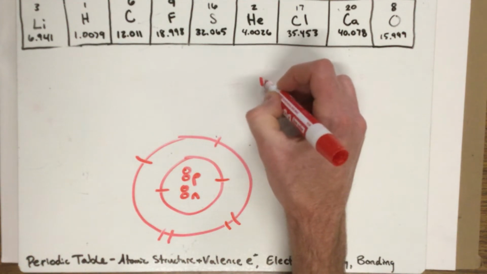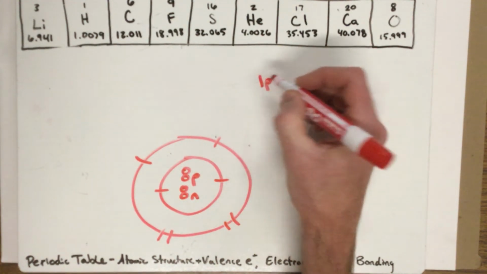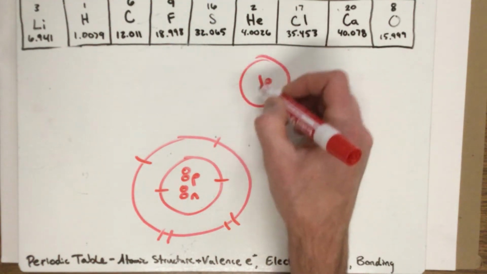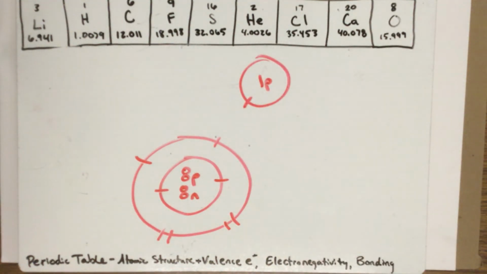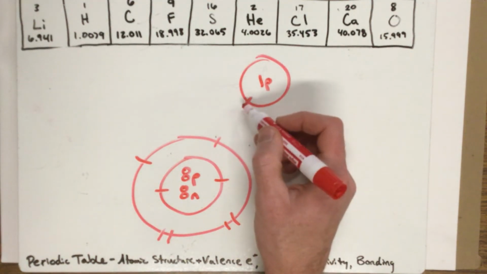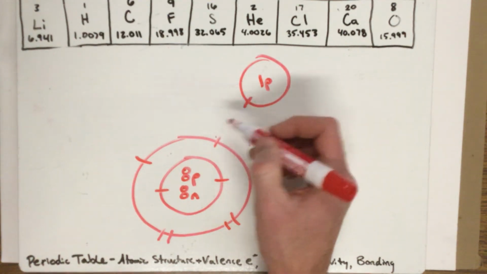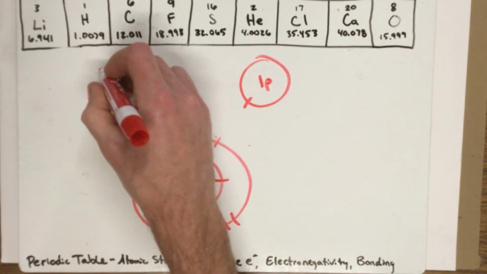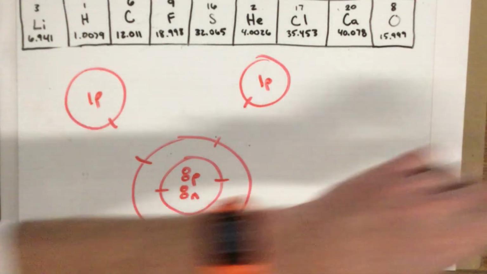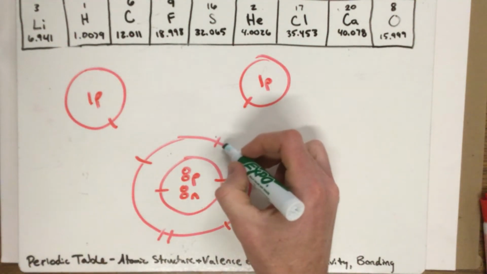And we'll go with 1 proton here, with 1 electron. And you could ask yourself, well, what's going to happen? If I have some sort of bond here, and I have another bond here, could they share?